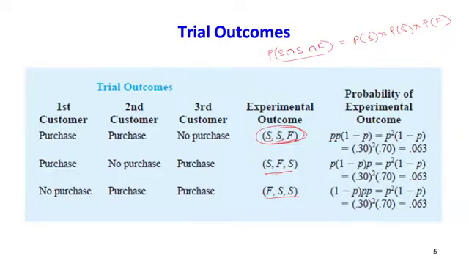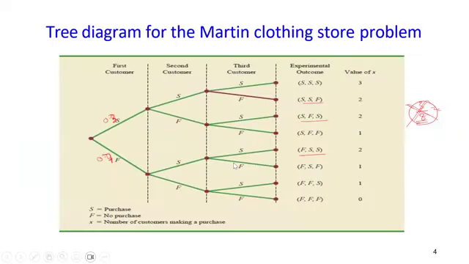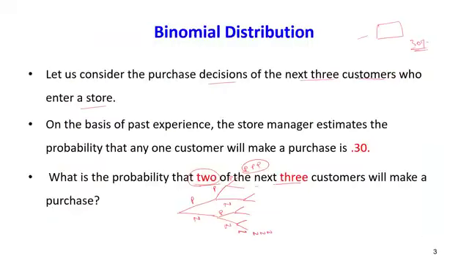Is this part clear? See, now just simply put it in this way. I want to calculate the chance that out of 3 people coming to my store, 2 people will purchase my product. And I'm giving this one disclaimer that any one person buying my product has only a 30% chance.